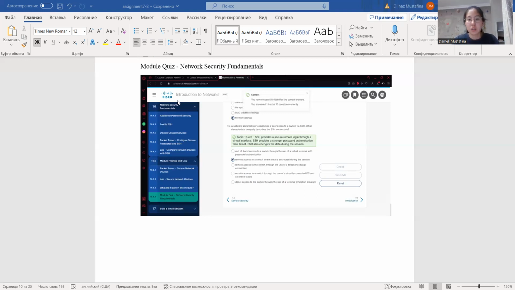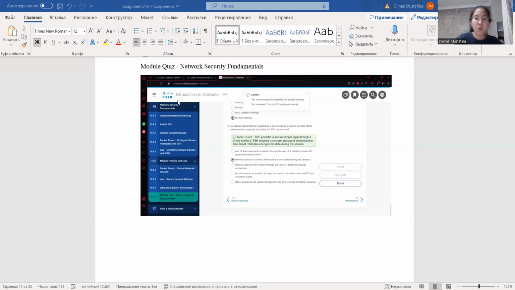Viruses, worms, and Trojan horses are types of malware. Network attacks can be classified into three categories. At first is reconnaissance, access, and denial of service.